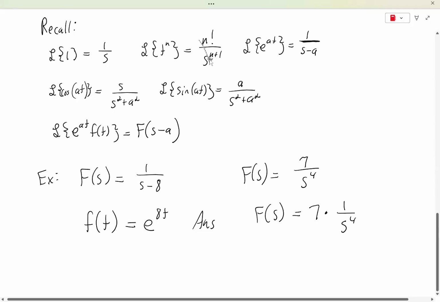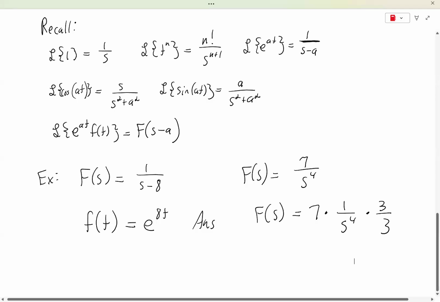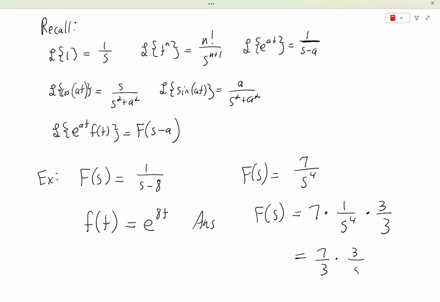So we can do that: multiply here by 3 over 3. Then if we rearrange this a bit, this is equal to 7 over 3 times 3 over s to the 4th.